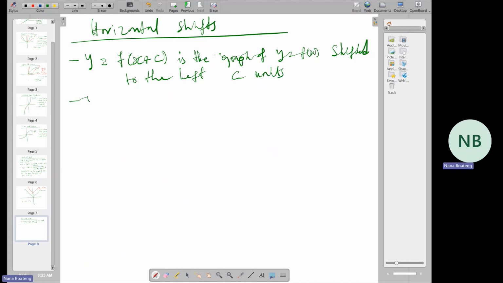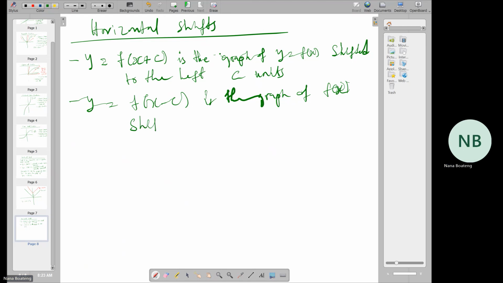And y is equal to f of x minus c is also the graph of f of x shifted c units to the right.